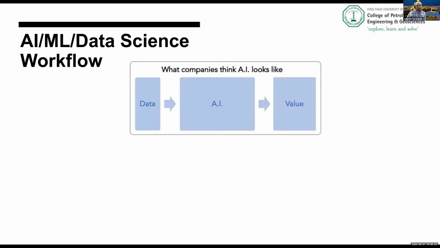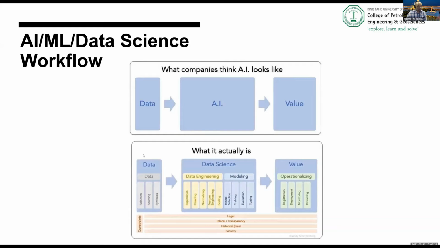But in the actual world, you have the data, and inside your data, you have many different things you need to do. The same goes for the AI itself: you have data engineering, you have the modeling, and this is probably one of the most important parts. You need to do data exploration, data cleaning, right? Normalizing, feature engineering, and so on and so forth. And then from there, you get the value.